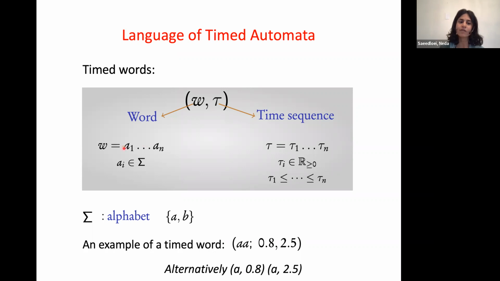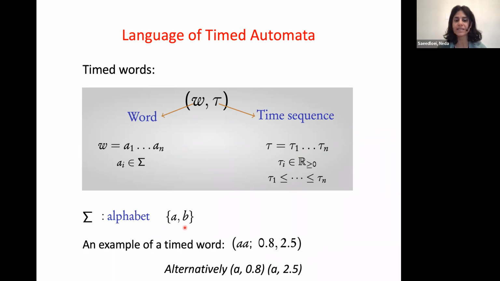I have my words as before, like W is A1, A2, up to AN, which is any member of sigma star. And then I also have to specify a time sequence. A1 corresponds to tau 1, AN corresponds to tau n, which means tau 1 to tau n are interpreted as the times at which these actions have taken place.